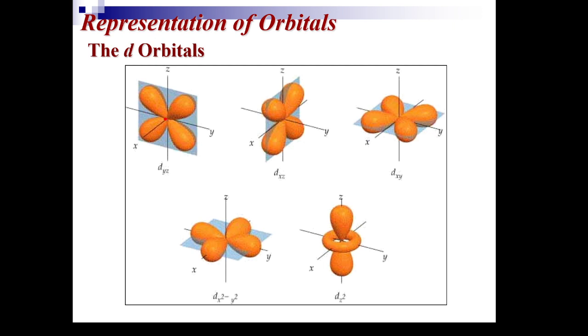Right there. Now the D is not seen until you get to level 3. Therefore, the D orbitals could hold 10 electrons. And the F we don't even have a picture of, but the F can hold 14 electrons because there's 7 different orbitals in the shell.